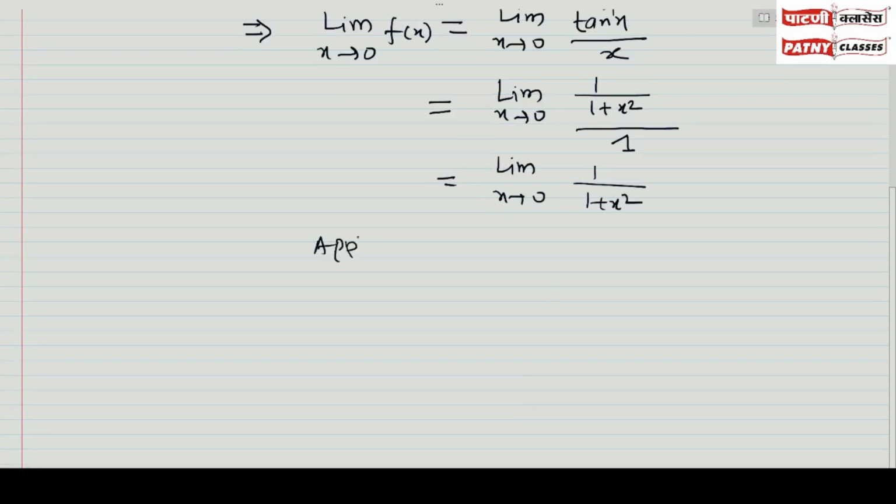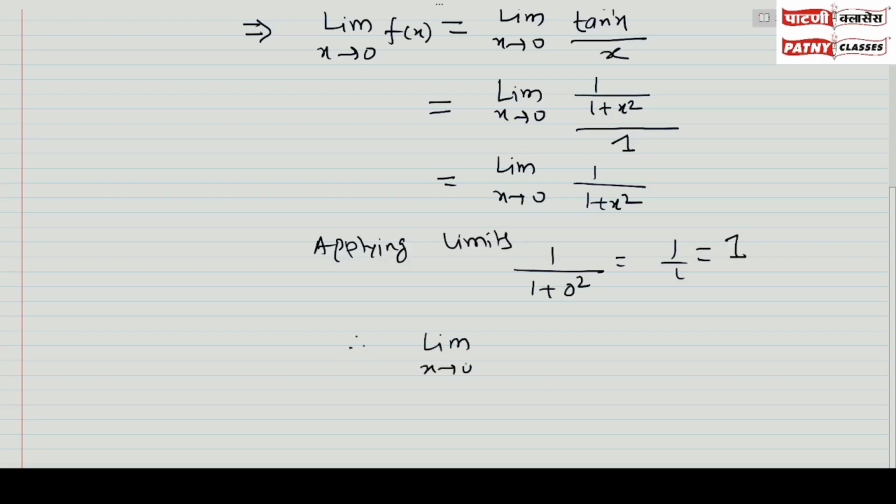Applying limit, we get 1 upon 1 plus 0 square equals 1 upon 1 equals 1. Therefore, limit x tending to 0 f of x equals 1. Let us call it equation number 1.